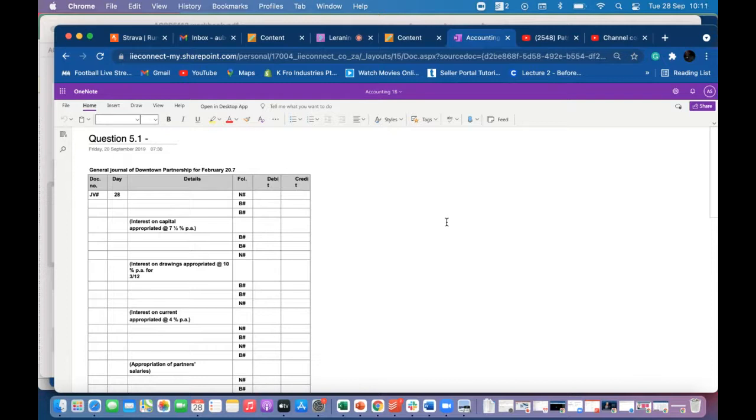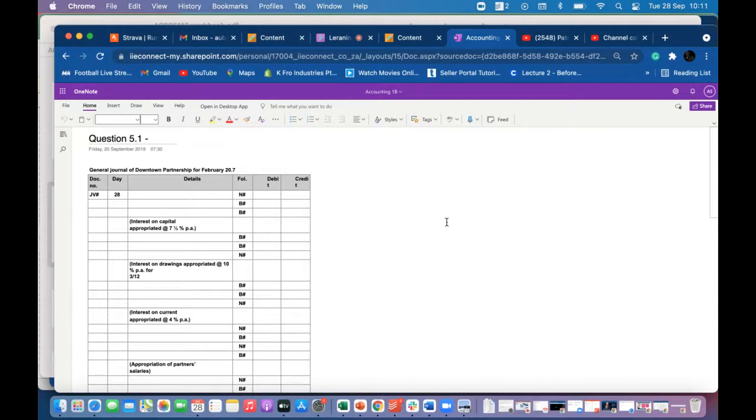There you've got the capital balances and the current account balances for each partner. You've got the drawings balances for each partner. Can you see drawings is not one account, it's two separate accounts. Then you have property, plant and equipment, a mortgage loan at 14.5% per annum, and the profit for the year.